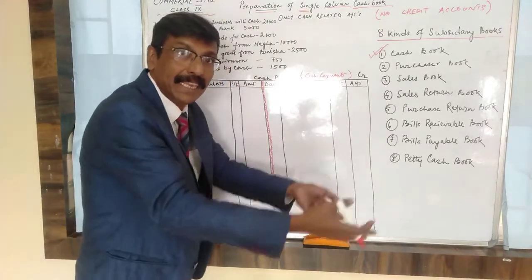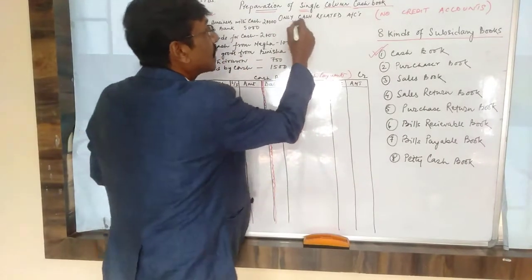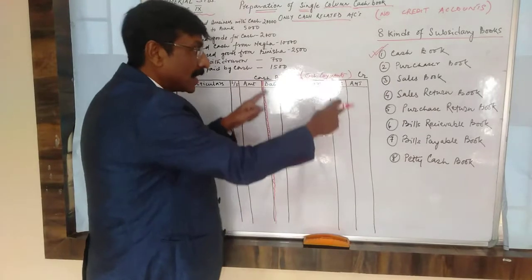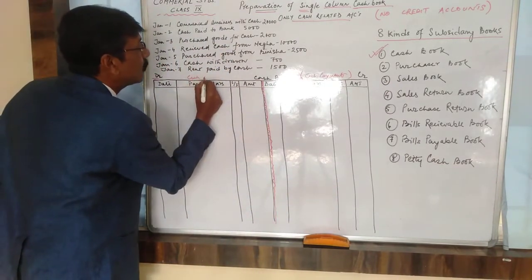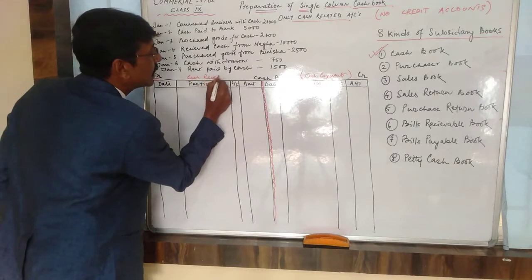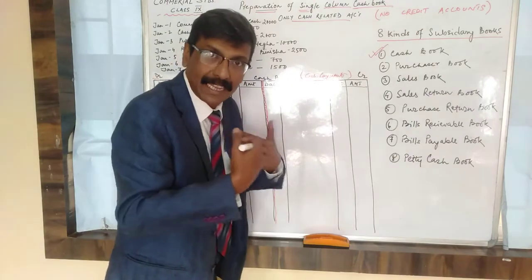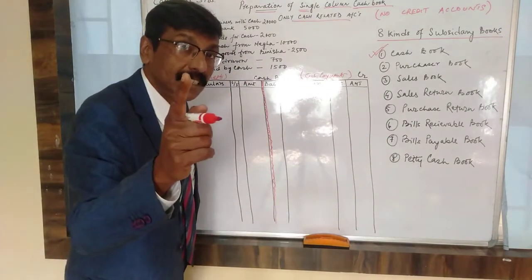When I am paying all payments, cash related payments, only cash. Understand this, because this is cash book, it will come this side, and this side only cash receipts will come. Whatever we have received in cash, whatever my firm has received, will all come this side, only in cash.